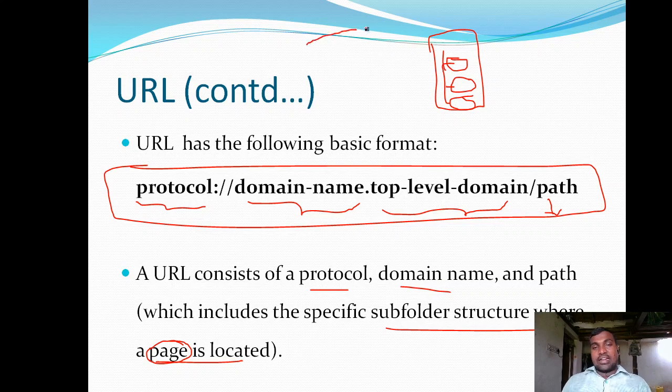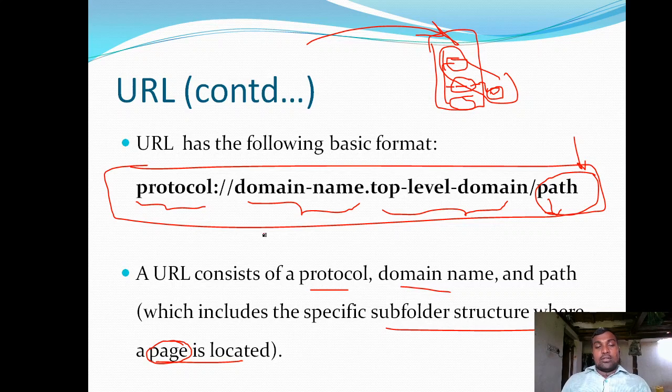So now we are requesting a web page available on this server; in which folder and in which subfolder that resource is available, we must give that information, then only the server is able to send that response to the client. So that location must be provided with the help of the path we provide in the URL. That is the subfolder location where that particular resource is available.